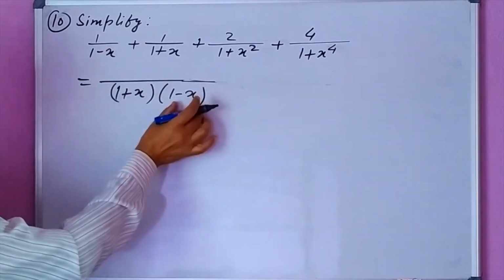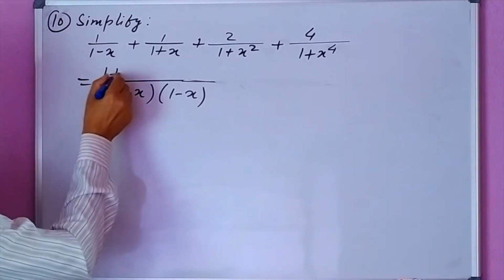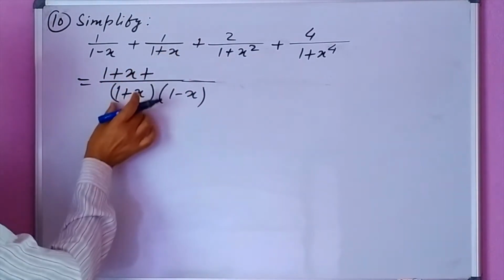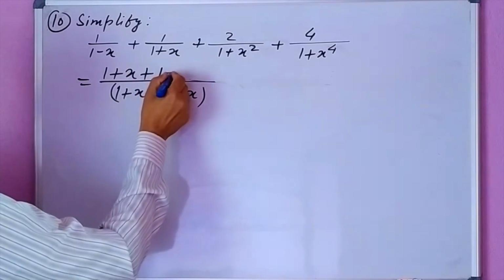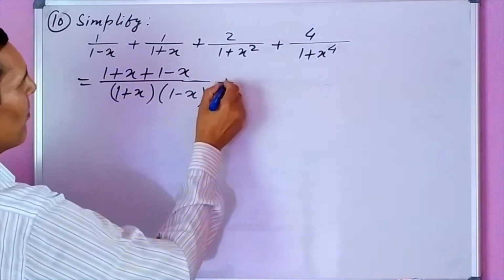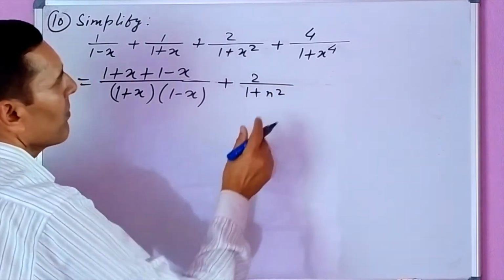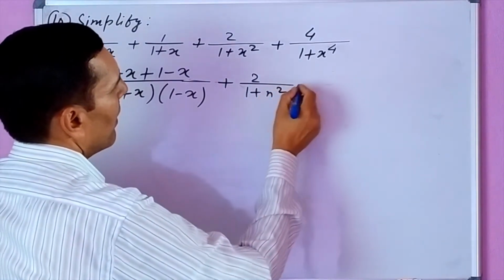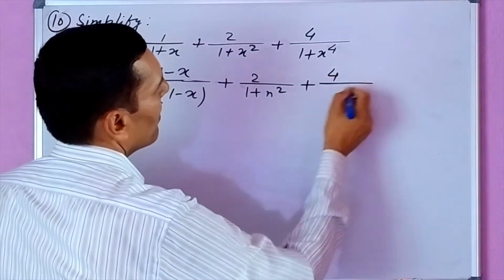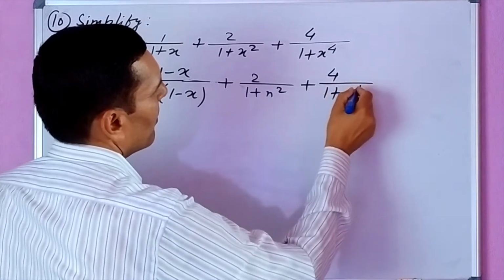So 1 minus x cancels, what remains there? 1 plus x. Here 1 plus x cancels, remains 1 minus x. So plus 2 upon 1 plus x square and plus 4 upon 1 plus x power 4.